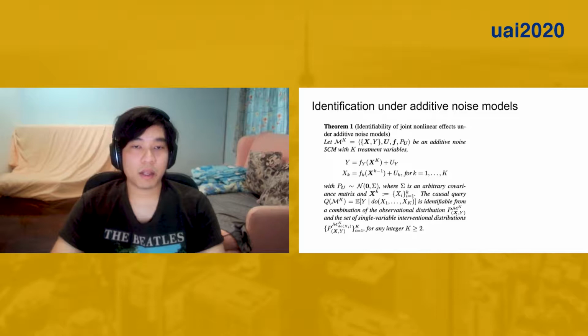And here's our main theoretical result. We basically show that the joint interventional effect is identifiable under the additive Gaussian noise model, and we use the following main assumptions to provide identifiability. You can see our proof in the main paper.